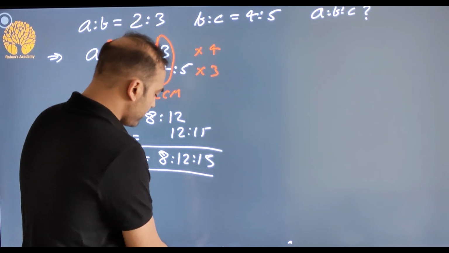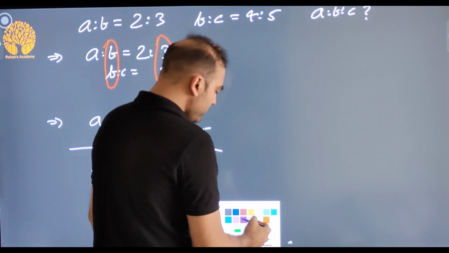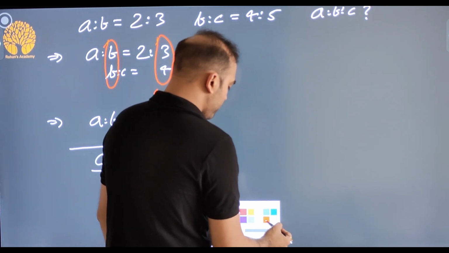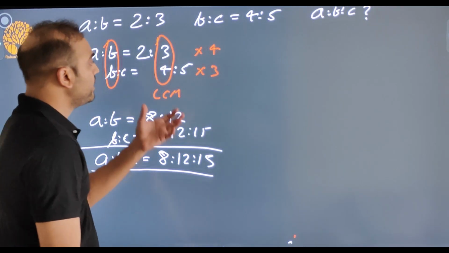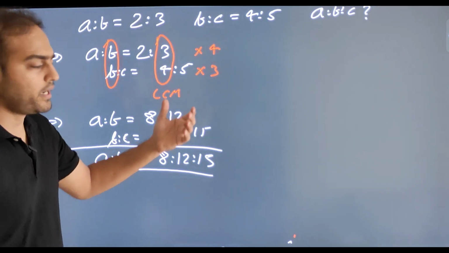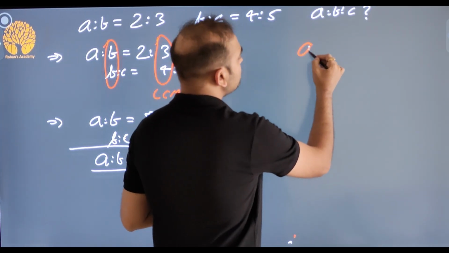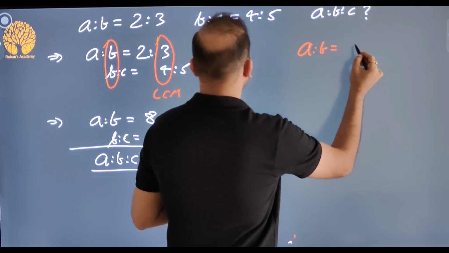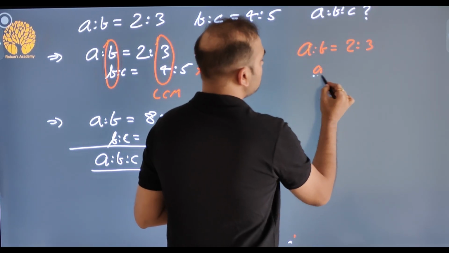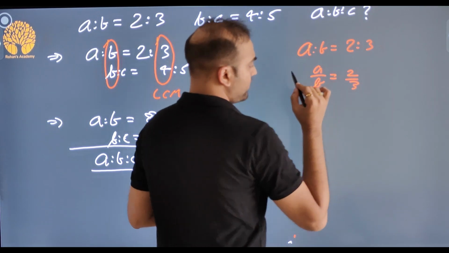Now, one point that we need to remember here is that ratio is the simplest form. A is to B, when I say 2 is to 3, that means A by B is 2 by 3.